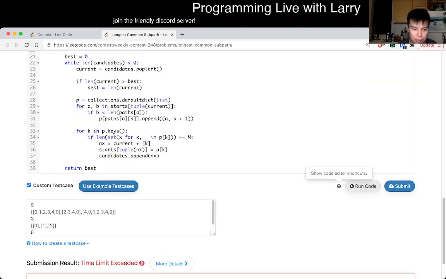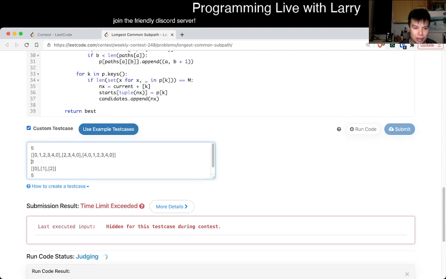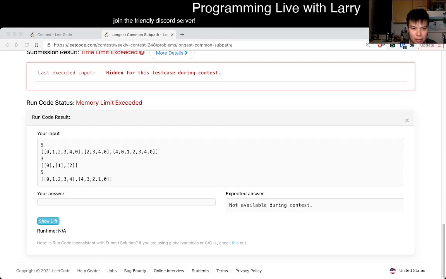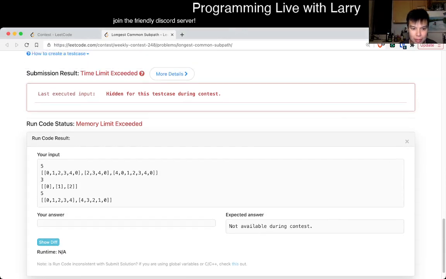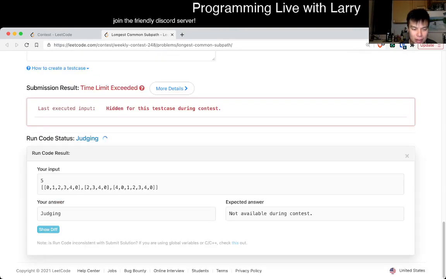Like this is an upper bound for this, and this should be fast enough. Oh, maybe not actually. Because of the duplicates. This one's hard. Even memory limit exceeded. Okay, well, so maybe that isn't even in the test case.